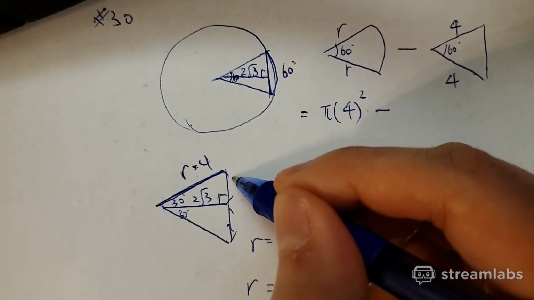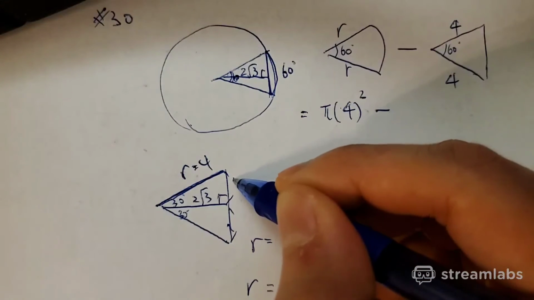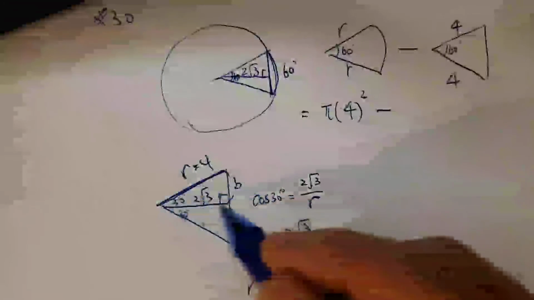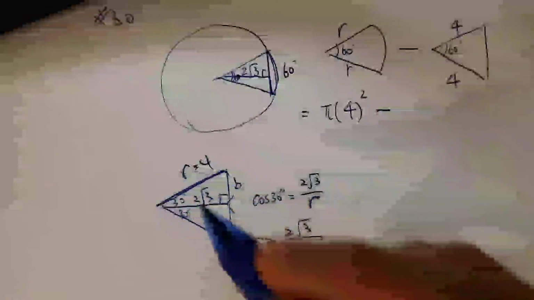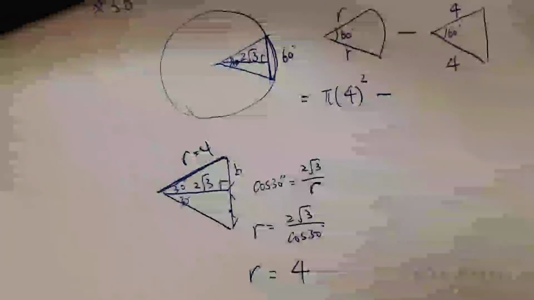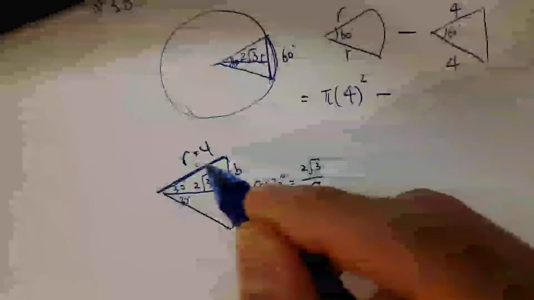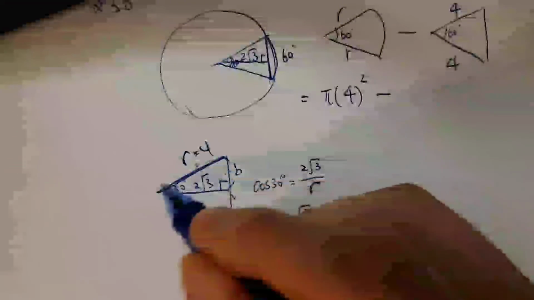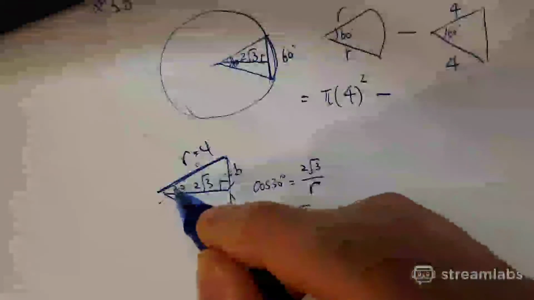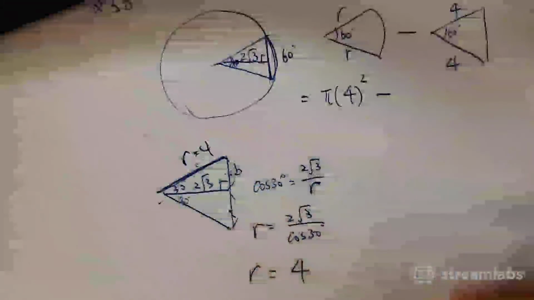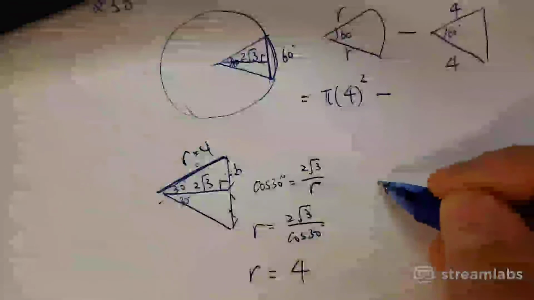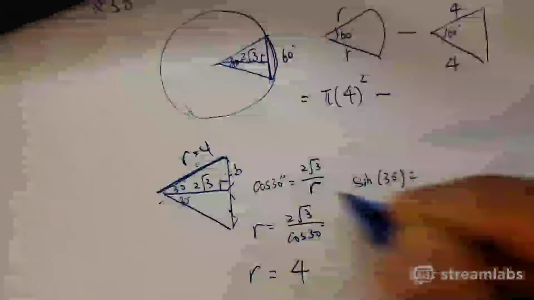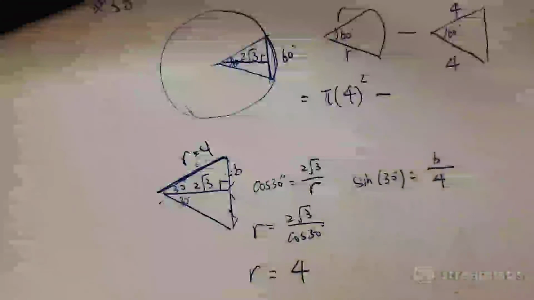The base here will have to be found using trig again. You can use any trig you want as long as you put the right side to it. Here, I'm going to use the relationship between B and R, the base and the radius. This is opposite to 30, and this is the hypotenuse. Opposite over hypotenuse is sine. So sine 30 degrees is equal to opposite over hypotenuse, 4.